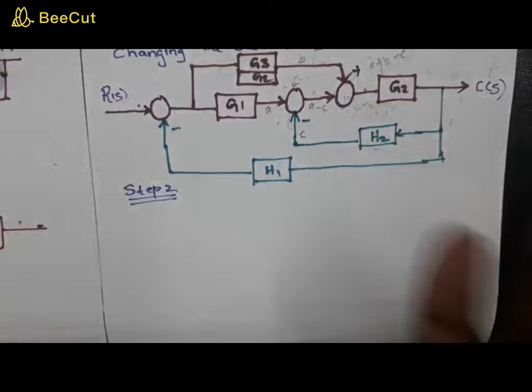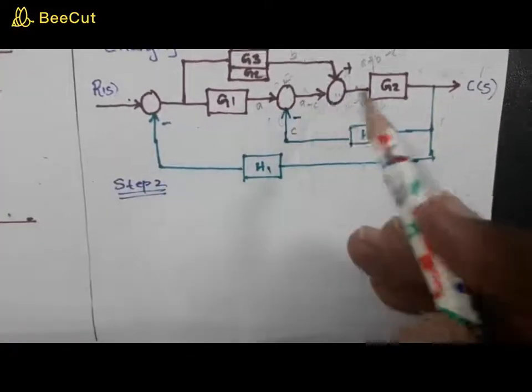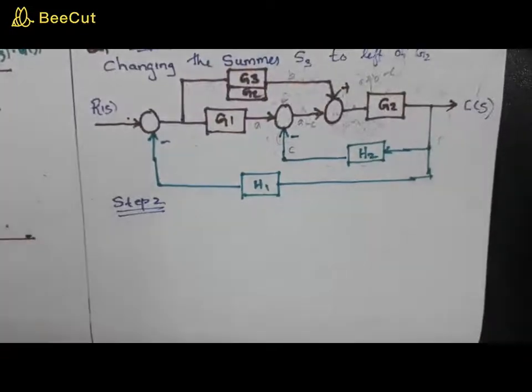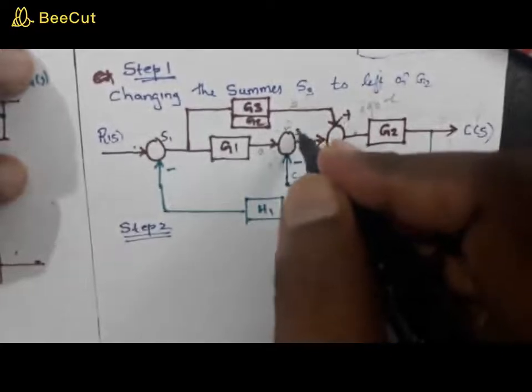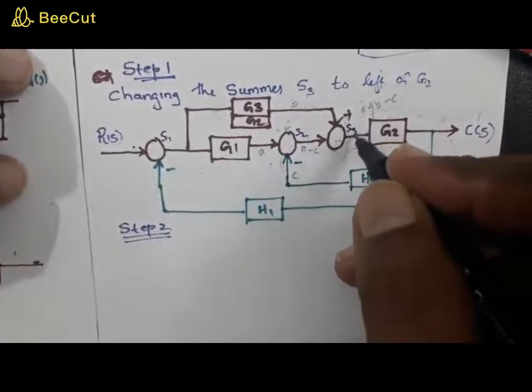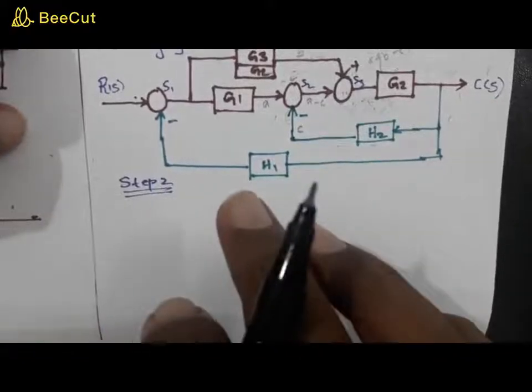So you are just interchanging the inputs of these two summers. I have used the names: this is S1, this is S2 and S3, and I am interchanging the inputs of S2 and S3.